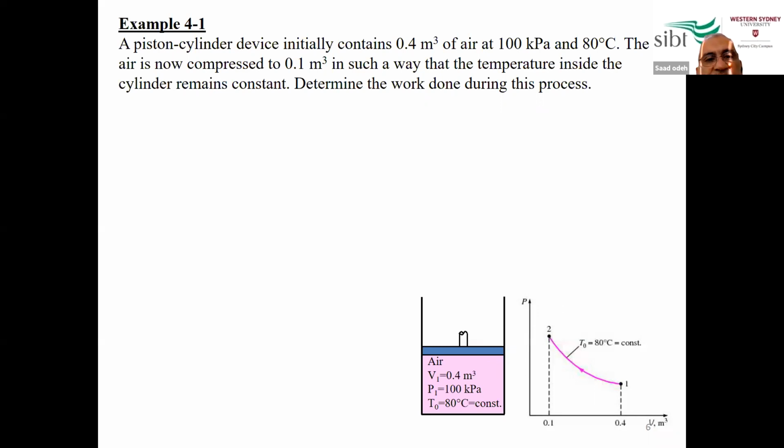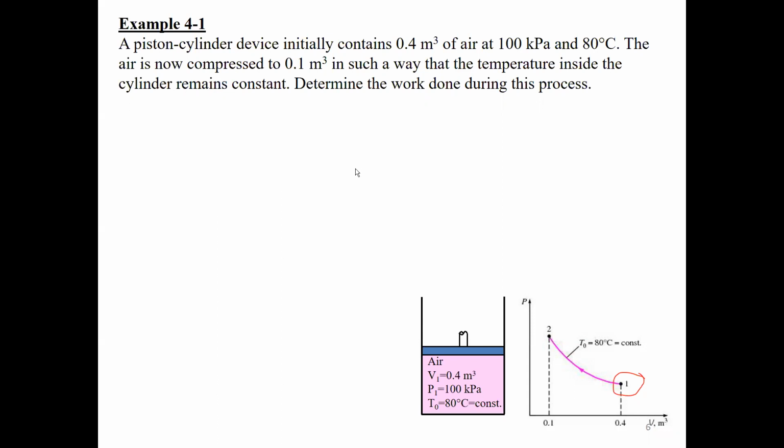A piston and cylinder device initially contains 0.4 cubic meter of air. So we know the volume of the air, we can say this is the initial V1. So we know that V1 is 0.4. What's P1? It's 100 kPa, correct.